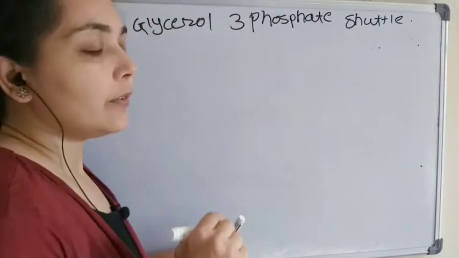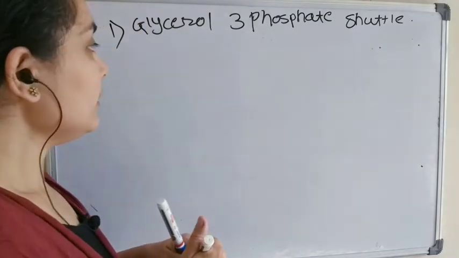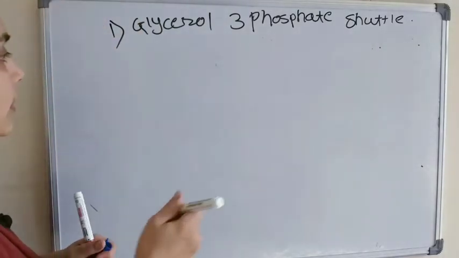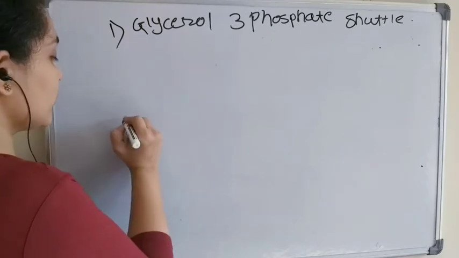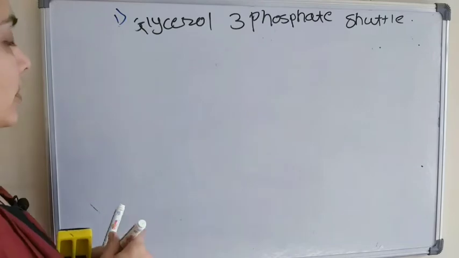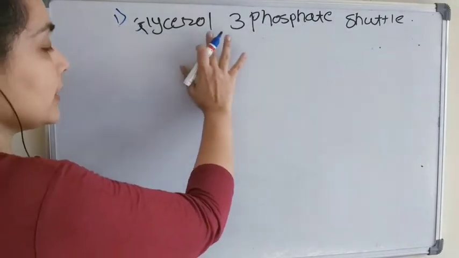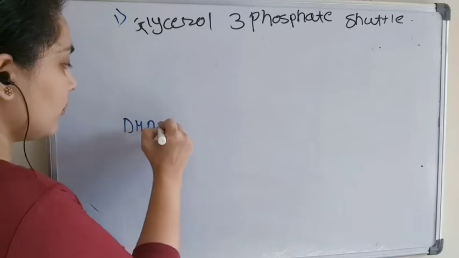Let's see what will happen in the glycerol 3-phosphate shuttle. Here, first, dihydroxyacetone phosphate.